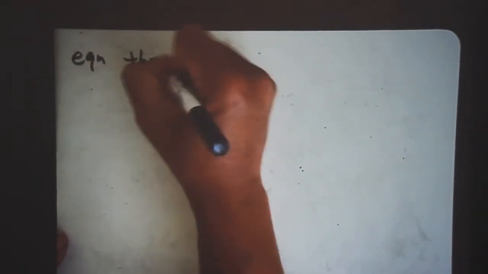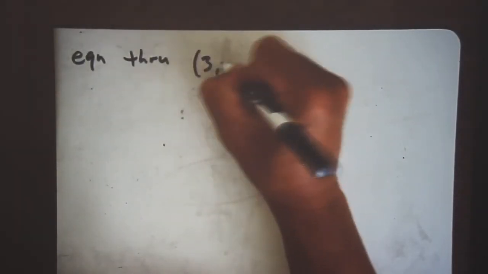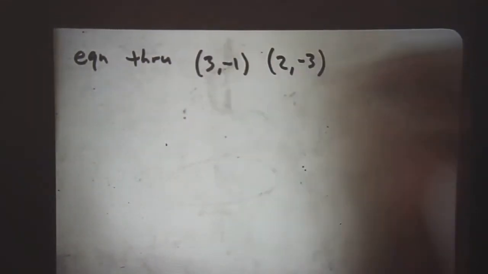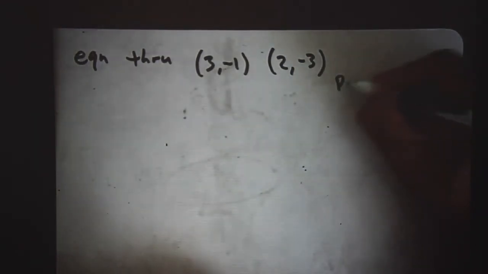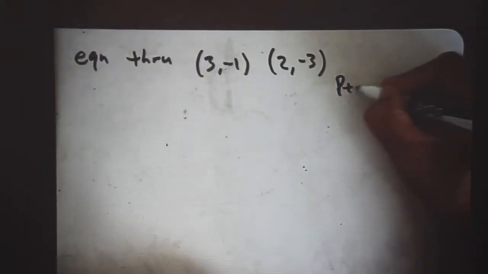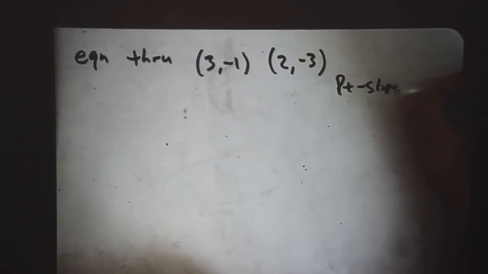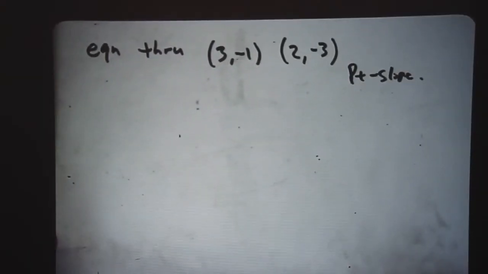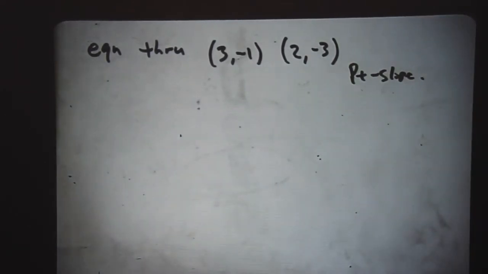So again, we're asked to find the equation of a line, let's say through 3, -1, and 2, -3. And we're going to use point slope first, and then we'll do some algebra to get into mx plus b form, so that if you had to graph it, mx plus b form is a heck of a lot easier way to graph than the other way.